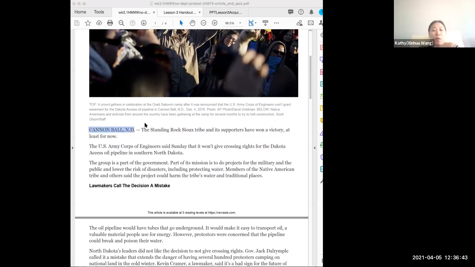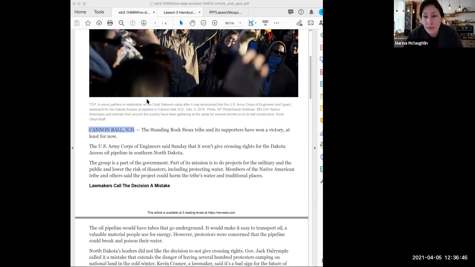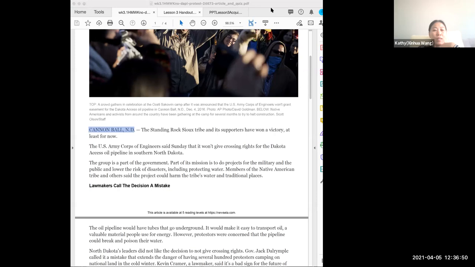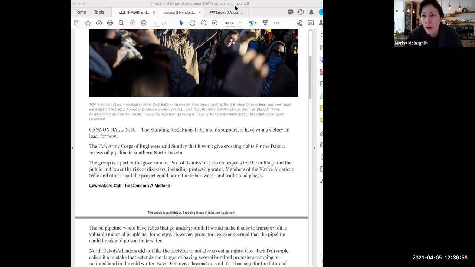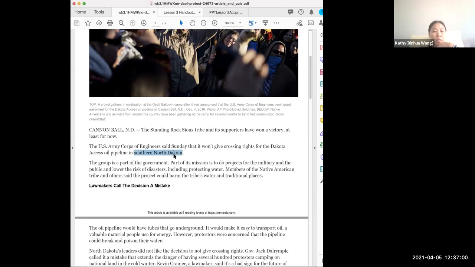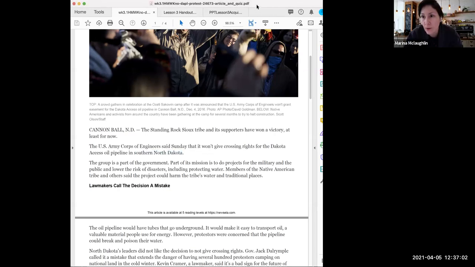And the second paragraph. You mean this one here? One, two, three. The third line, fourth line. That's occupy in the southern North Dakota. There we go. Southern North Dakota. Okay, there you go. Very good.